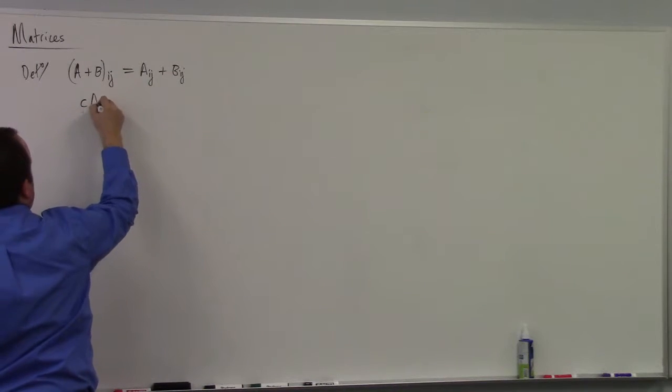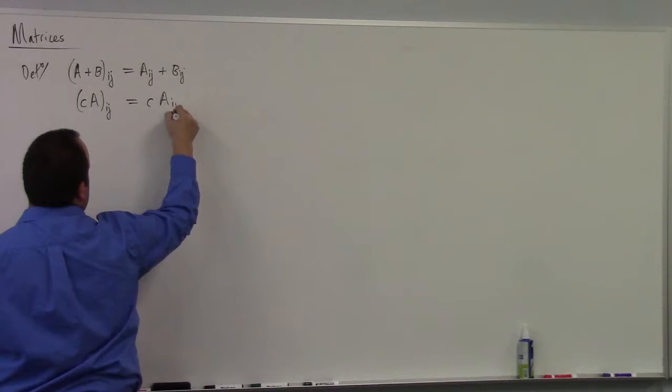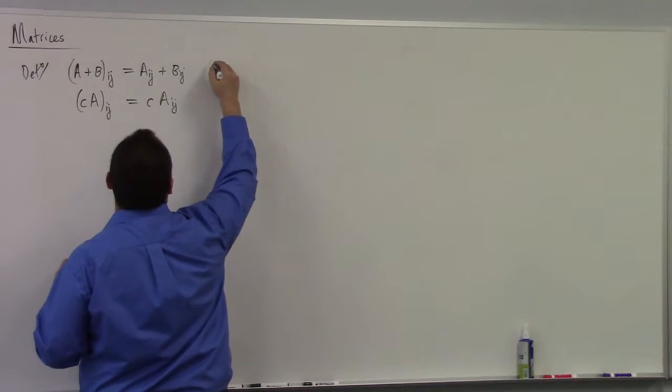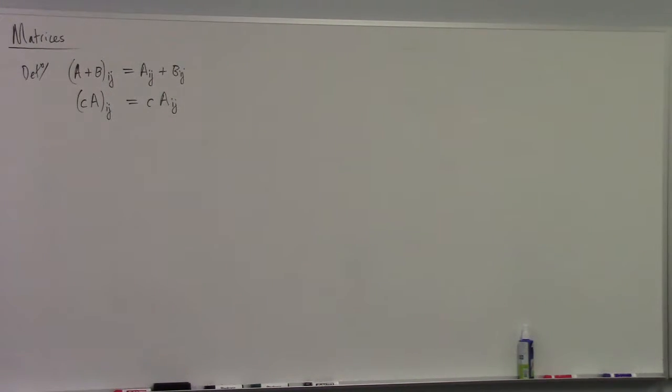If you take a scalar c times A, it's equal to c times a ij. And of course, this is for matrices of the same size. In order for that to make sense, you have to have the same number of rows and columns to add them. And the scalar multiplication speaks for itself, I think.